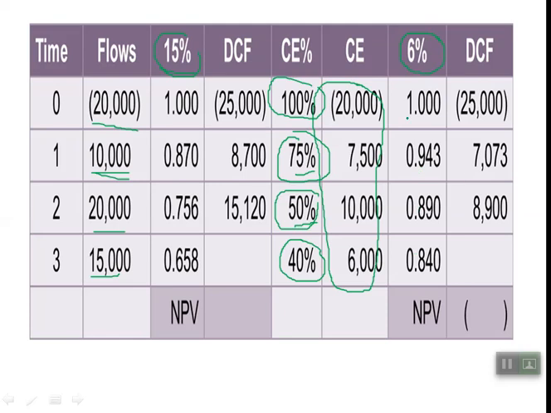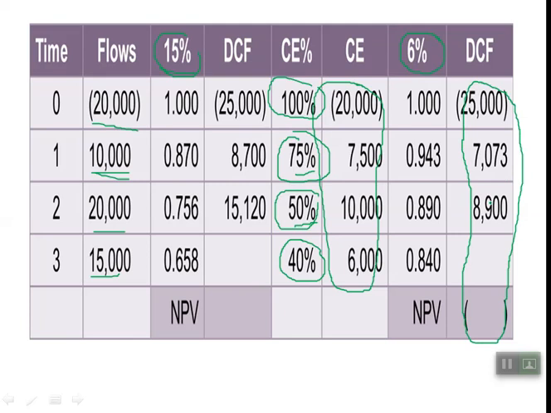Then you are getting your discounting factor, then times your certainty equivalent cash flows. So you are getting this times this one times this, and then you get your discounted cash flows. So that is how we adjust for risk using certainty equivalent factor.